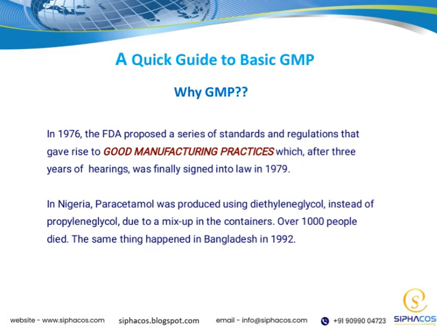It helps us maintain consistency and prevent contamination or errors. By following these guidelines, we can ensure our products meet regulatory standards and, most importantly, meet our customers' expectations. Throughout this presentation, you'll see how GMP underpins everything we do, reinforcing our commitment to quality and safety in the industry.